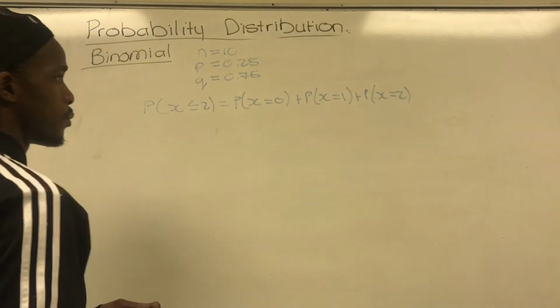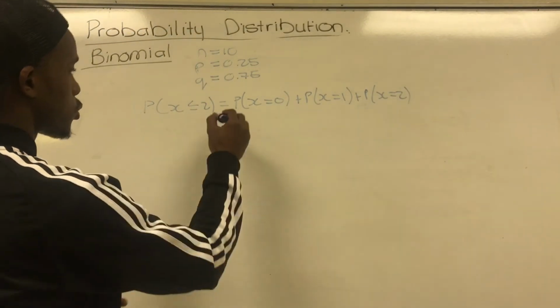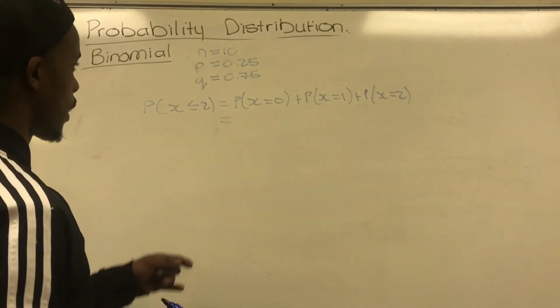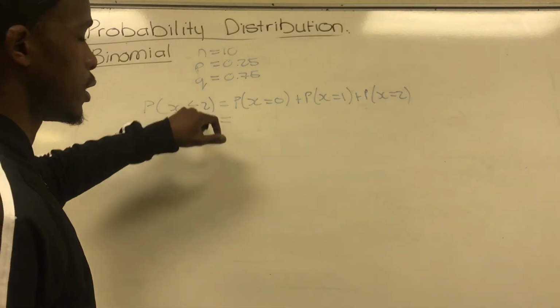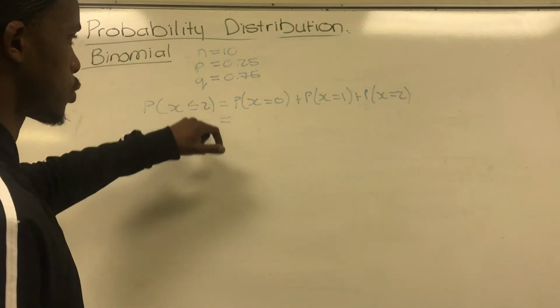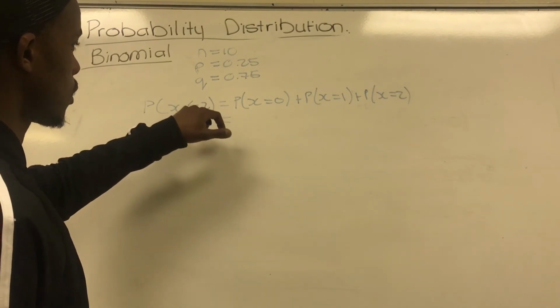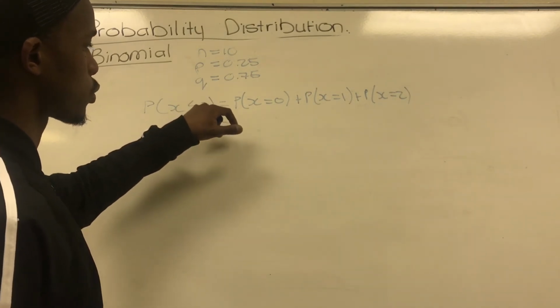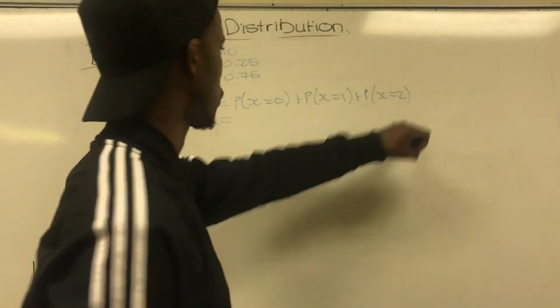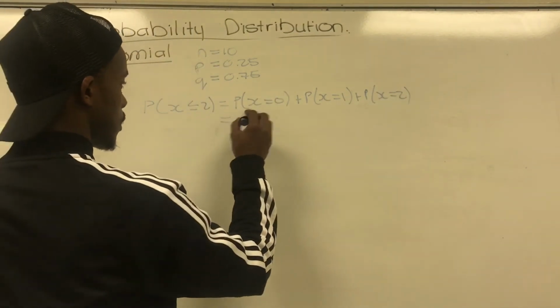And you apply the same formula. So basically, from question to question, you'll notice that it's just a matter of applying what your inequality means. In this case, the only values less than or equal to 2 are 0, 1, and 2.